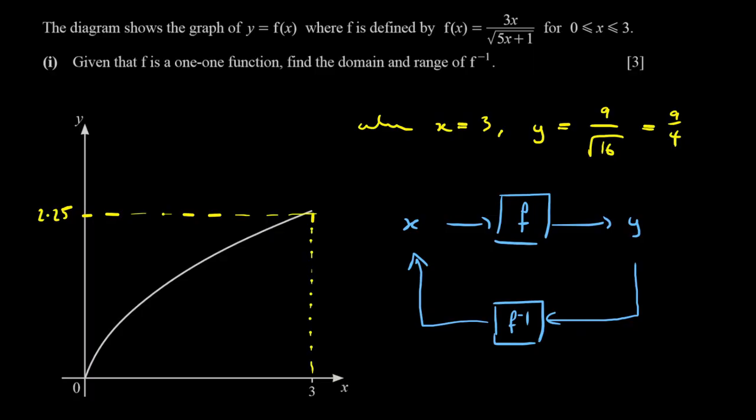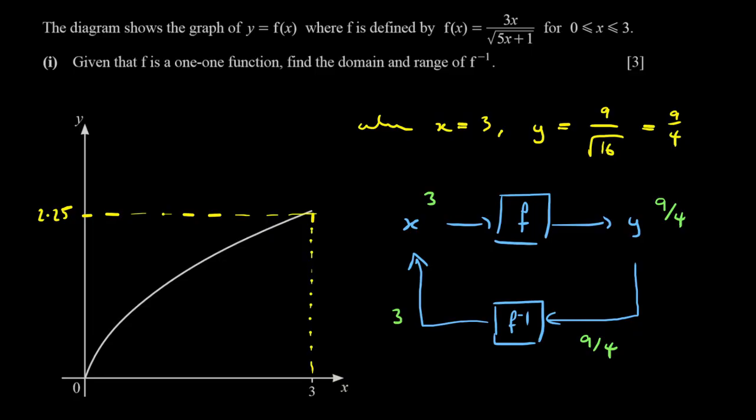Probably easier shown with an example. If x is 3, we should get an output of 9 upon 4. So what's the inverse function going to do? It's going to take that output of 9 upon 4, and it should return us back to 3. That is what the inverse function is there to do, to take us from the output back to the original input.